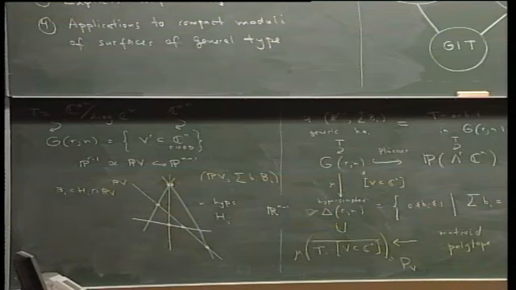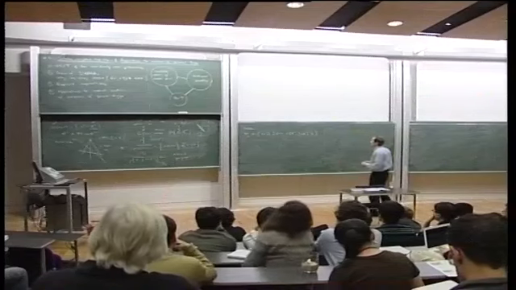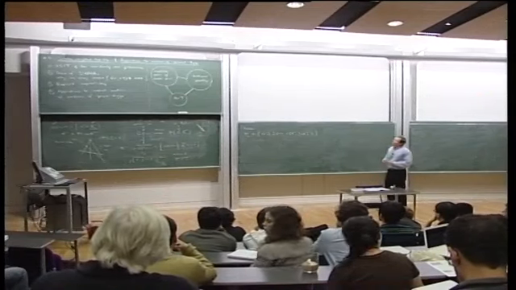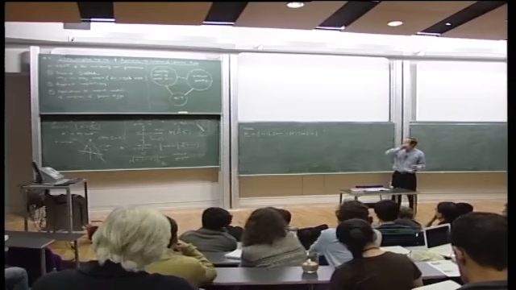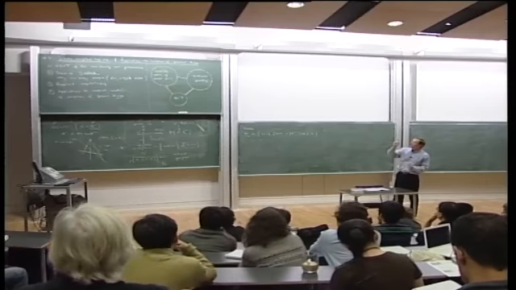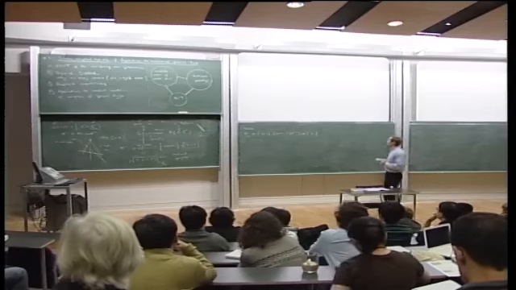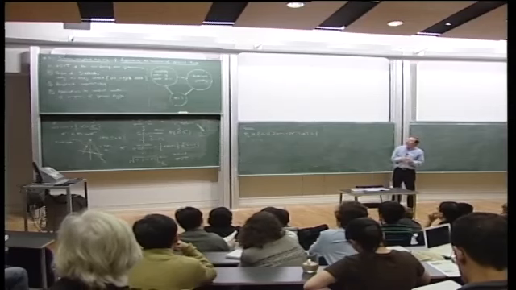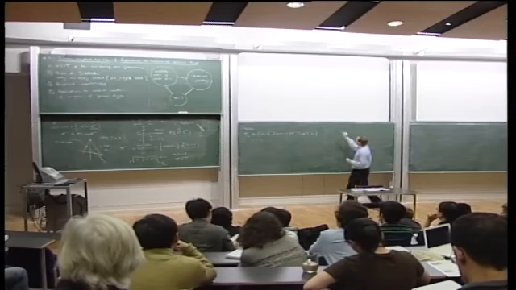Okay. So that's the setup for the Grassmannian. Now, what I want to do now is I want to describe the variation of the GIT problem for the universal family over the Grassmannian.